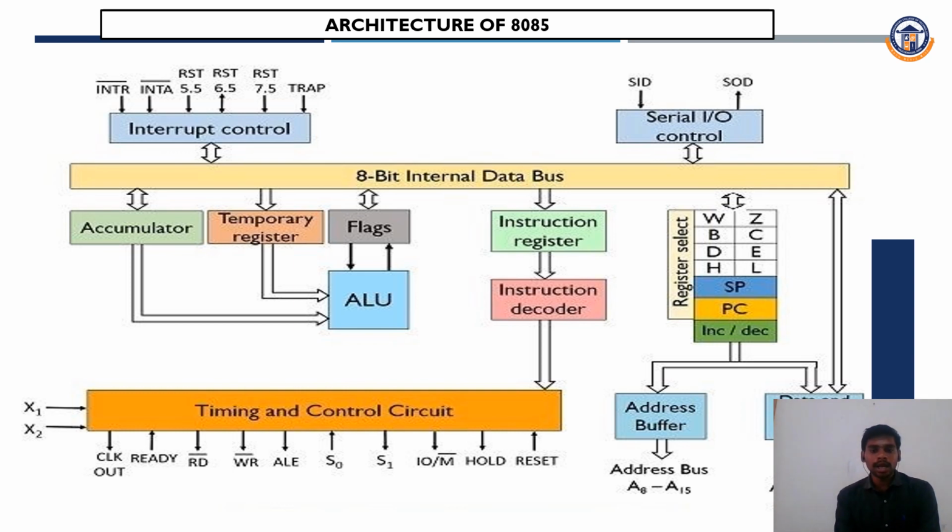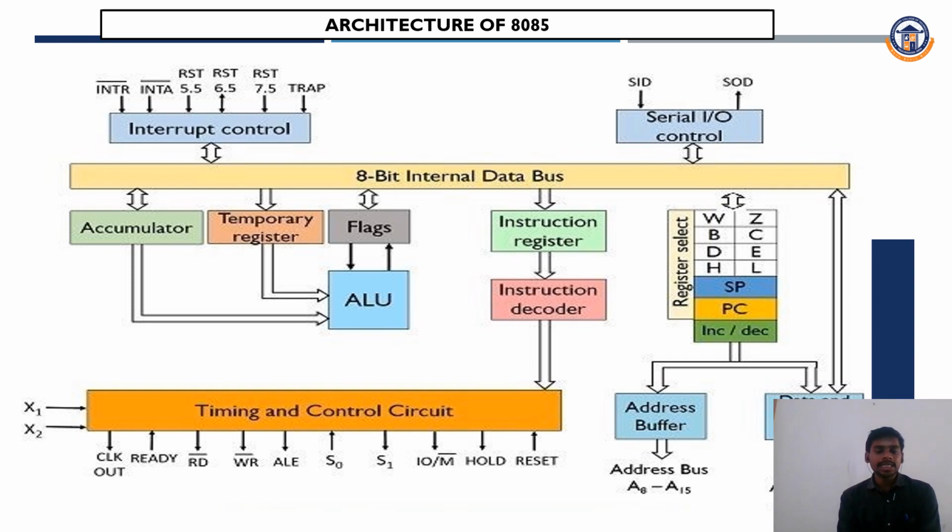Next one is the timing and control circuit. It has the clock output, and the clock signal is given by a crystal oscillator. Then the ready signal. When the ready signal is enabled, the corresponding operations, whatever the operation, arithmetic or logic operations, will be performed. Then read data, write data.